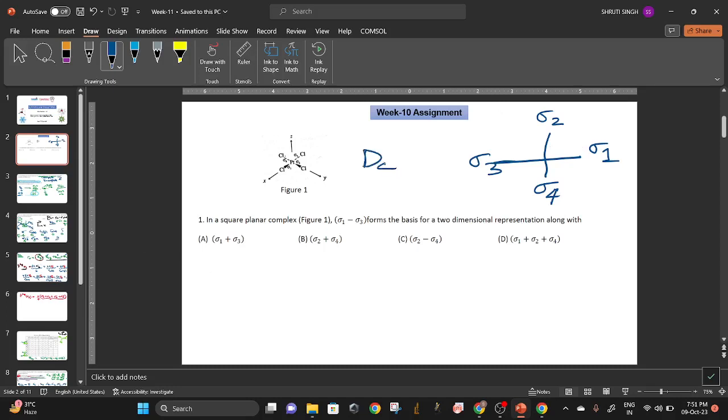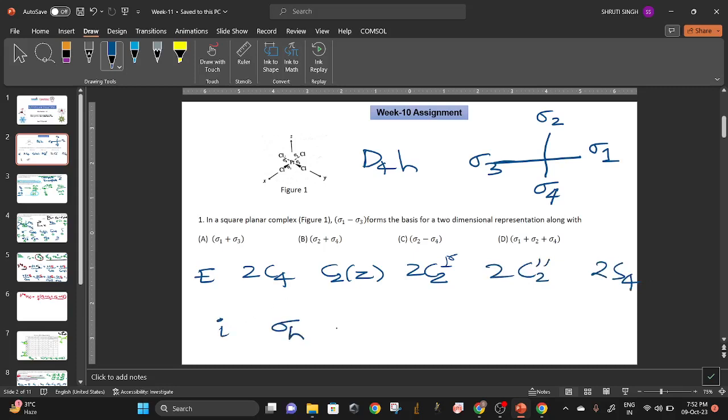D4H. So for D4H, again we have E, 2 times C4, C2(z), 2 times C2' perpendicular to C4, and 2C2'' in between the bonds, then 2S4, then we will have i, sigma h, 2 sigma v, 2 sigma d.